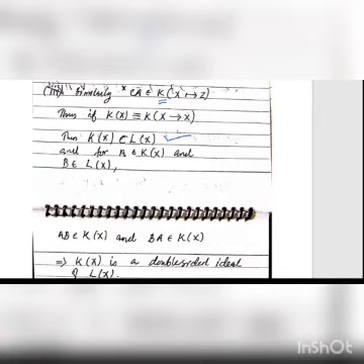An ideal means we will say that N is an ideal of G if for every A belonging to G, AN is contained in N. Similarly, two-sided means when you are taking NA, this should also be contained in N. Then we will say that this is an ideal.